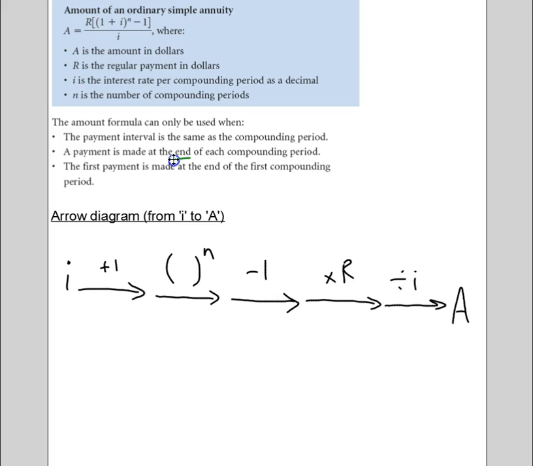Take note that this arrow diagram just simply shows the progression of operations. It's not possible to use this arrow diagram to solve for I, because the very first thing we have to do in the reversal of this is multiply by I. Well, if we don't have I, we can't use it.